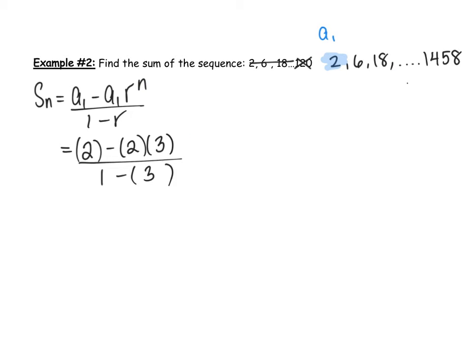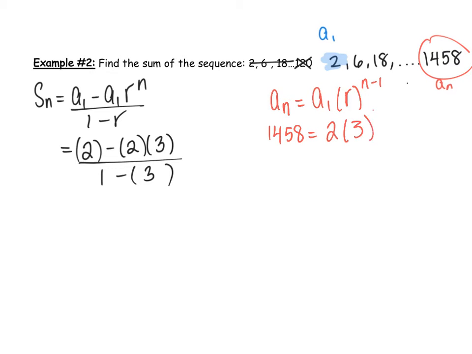So what we're going to have to do is use our formula that we learned last week. A sub n equals a sub 1 r to the n minus 1 power. So my a sub n is this guy. This is my last term. So I can go ahead and put 1,458 here. My a sub 1 is 2, and my common ratio is 3.